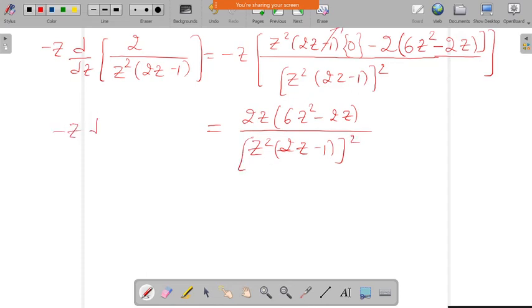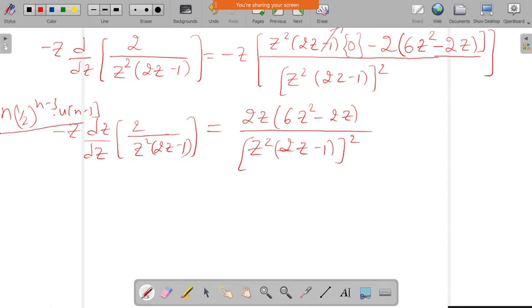Now this is only one time derivative. That is, for 2 by z square into 2z minus 1, this is only one time derivative, that is n into half power n minus 3 into u of n minus 3. This is the z transform for one time derivative. Now in our problem we have n square, so again we have to differentiate the obtained result, that is for n square into half power n minus 3 into u of n minus 3.